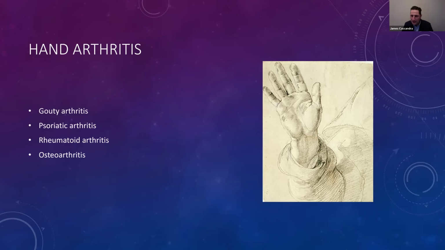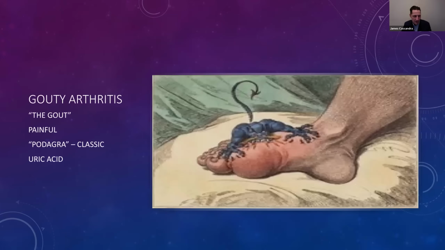And then psoriatic arthritis can happen. I see a lot of patients with psoriasis, and anytime there's psoriasis, it's important to keep in mind the condition of psoriatic arthritis. Gouty arthritis, let's deal with that first.